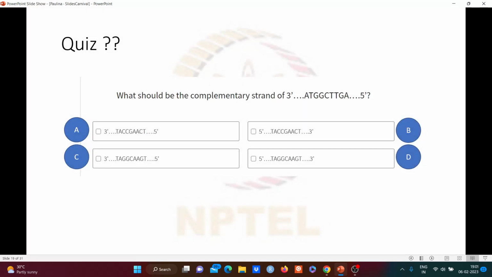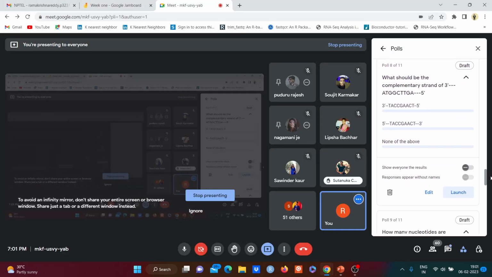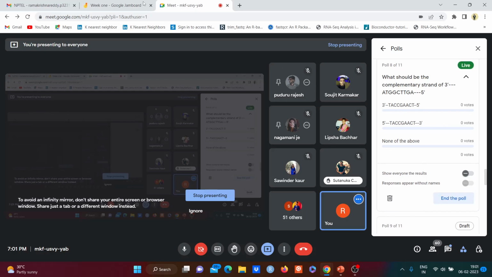The next question is, what should be the complementary strand for the given sequence? I have given you a 3 prime to 5 prime sequence. Can you find what would be the complementary sequence of it?